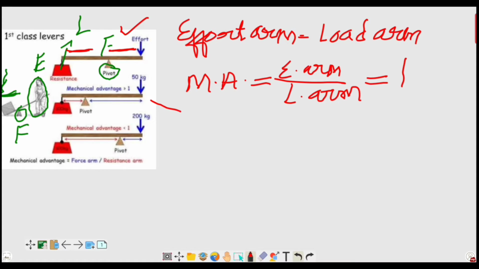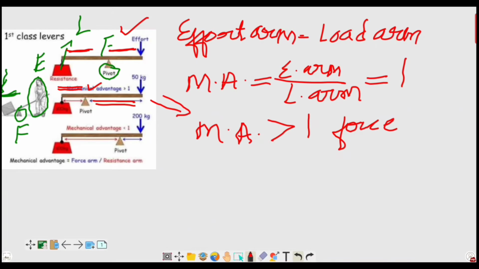But in this case, you just see your load arm is less, effort arm is more. So in that case, your MA will be greater than 1. So when this is the position, your lever worked as a force multiplier.